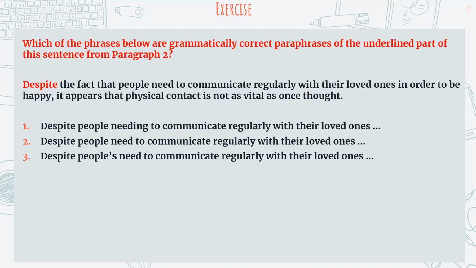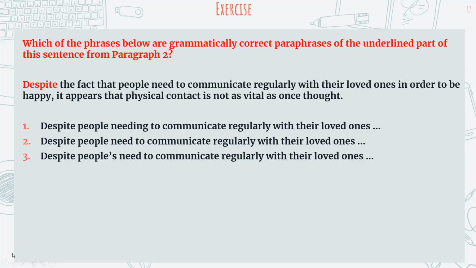Despite the fact that people need to communicate regularly with their loved ones in order to be happy, it appears that physical contact is not as vital as once thought. Is it 1, 2, or 3? Despite people needing to communicate regularly with their loved ones, or despite people need to communicate, or despite people's need to communicate? Which one of these, or maybe the three of them, are correct? All right, okay. I want you to pause the video and try to figure this out on your own and come back when you're done.